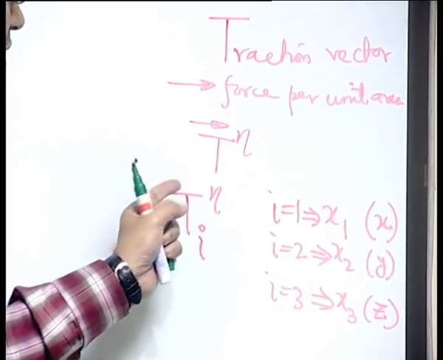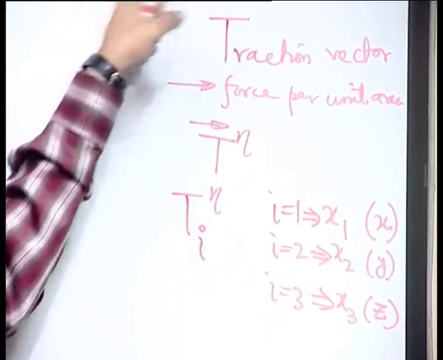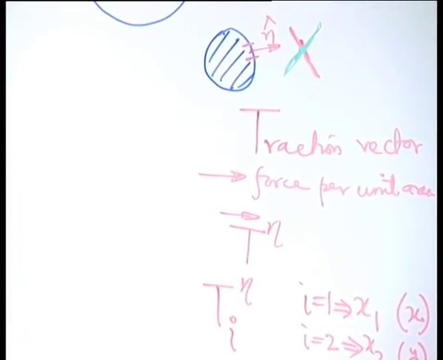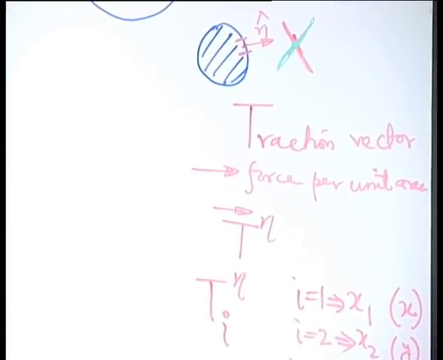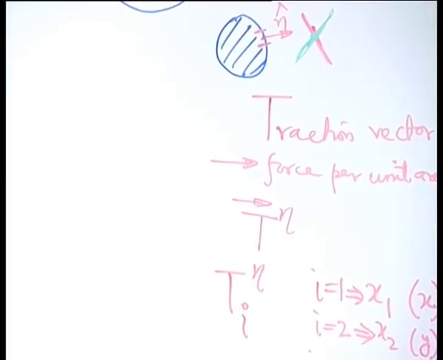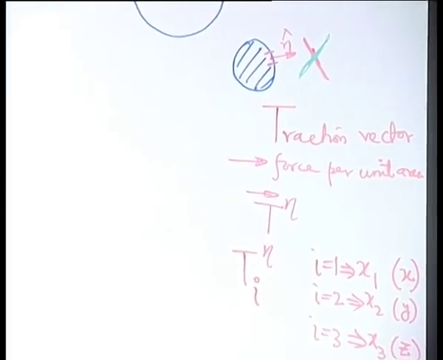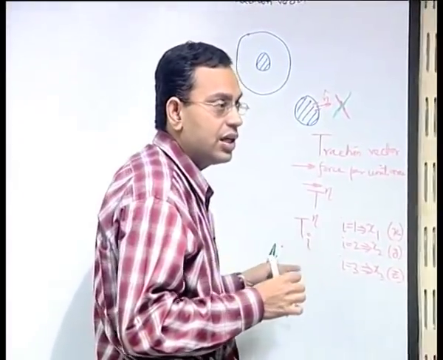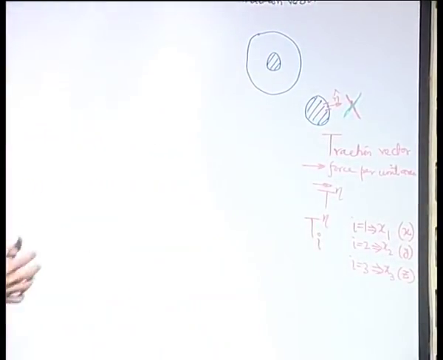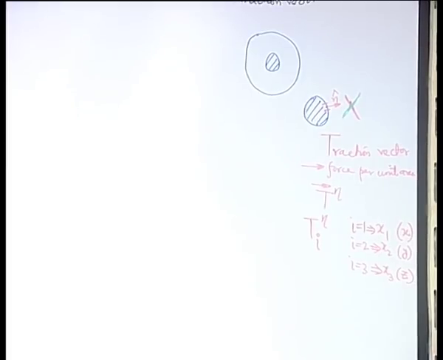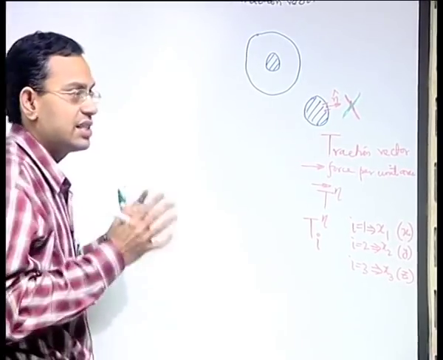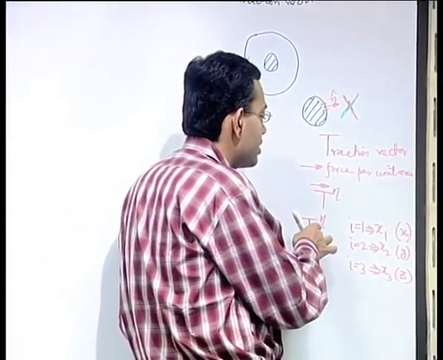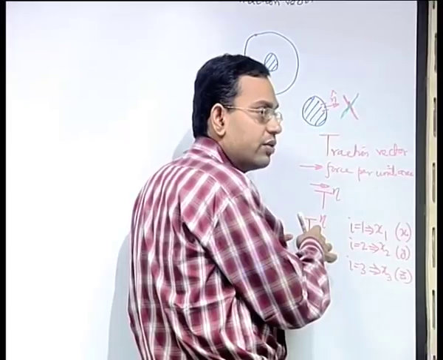Now, this traction vector is used for any arbitrary surface, for any arbitrary orientation of the area. It is important to see what happens when this arbitrary orientation coincides with either x1, x2 or x3, because that standardizes the traction vector in terms of the orientation of the surface.